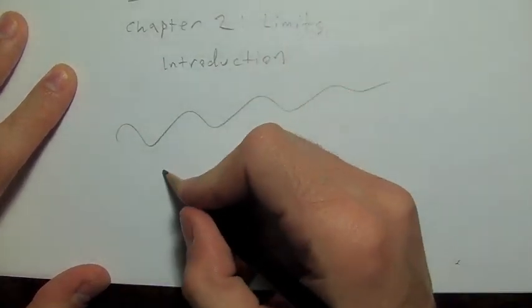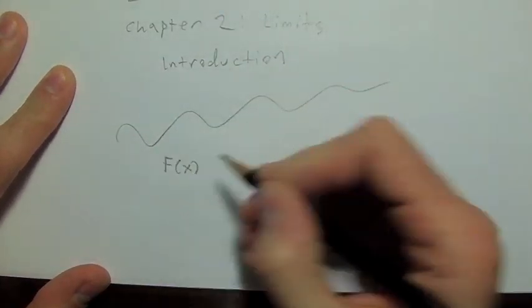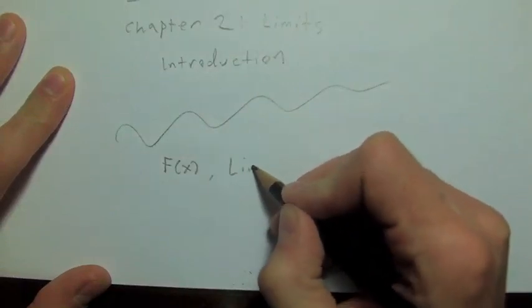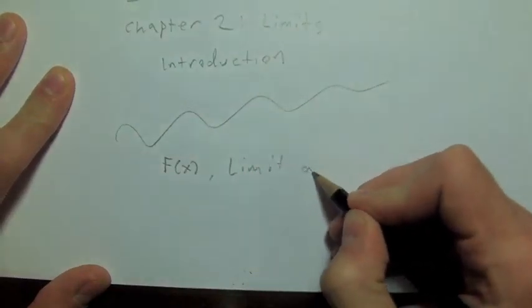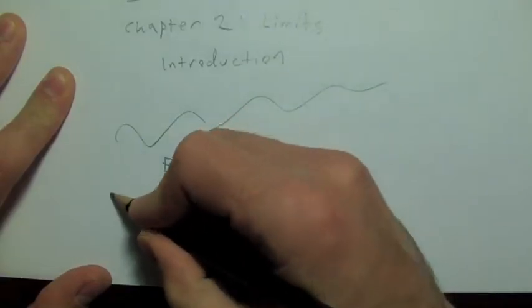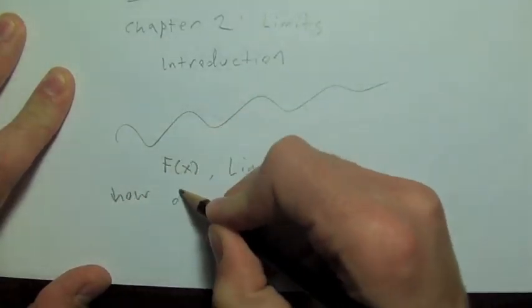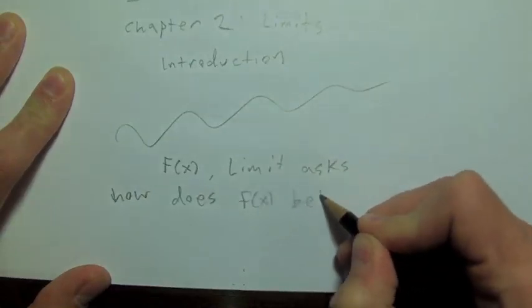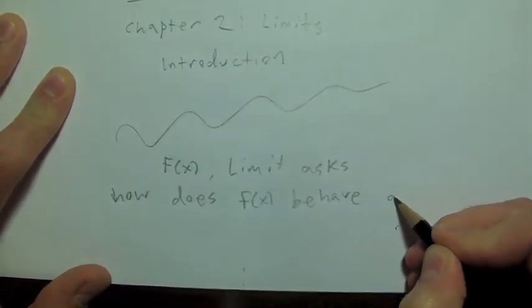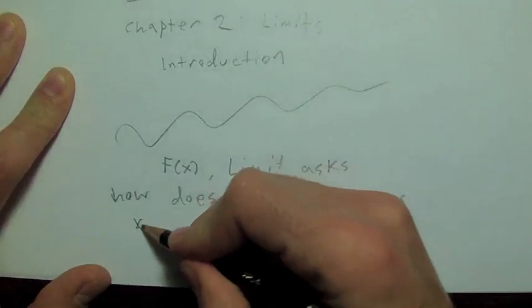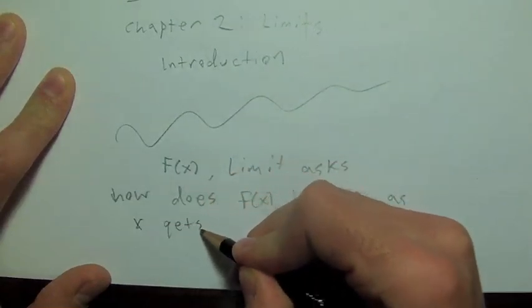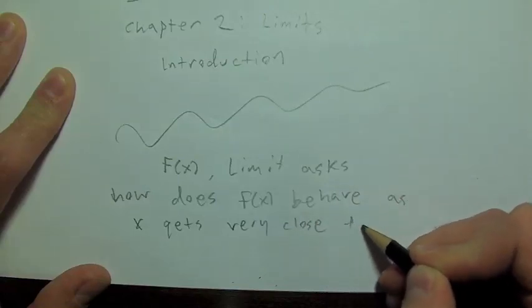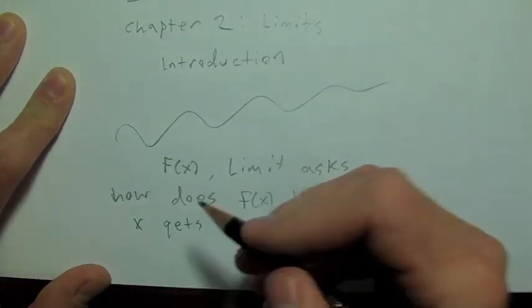If we have a function f of x, a limit asks, how does f of x behave as x gets very close to a certain value?